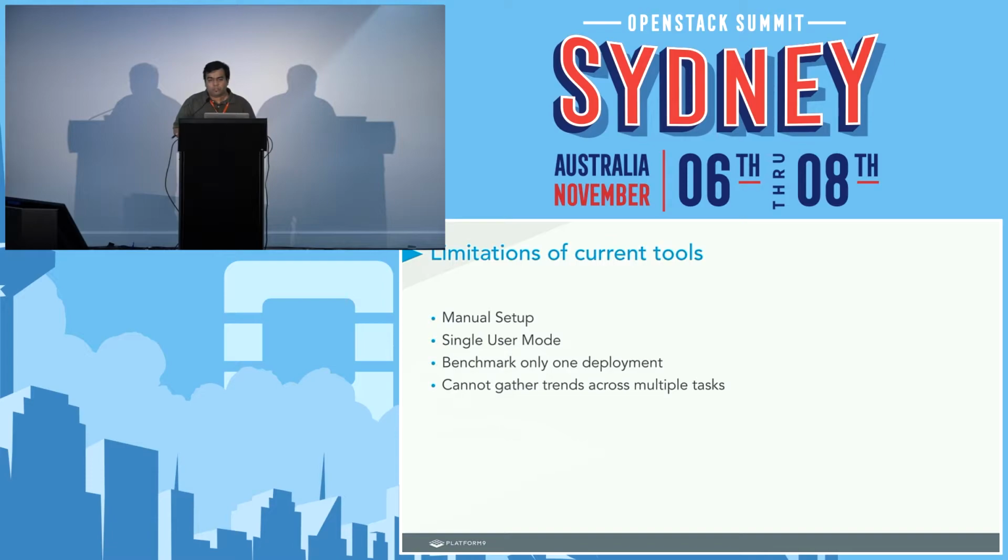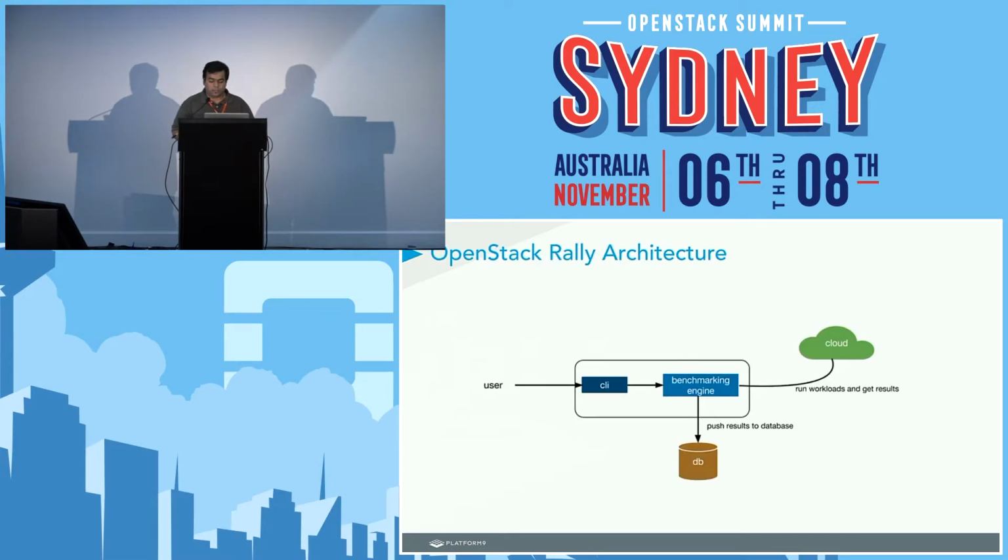So let's go over the high-level architecture of OpenStack Rally. It's a tool which actually tests your current working OpenStack environment. So in this picture, the rectangular box, which has CLI and benchmarking engine, is the core part of the tool. A user interacts with the CLI and sends the data or the test which you really want to run on your cloud via benchmarking engine.